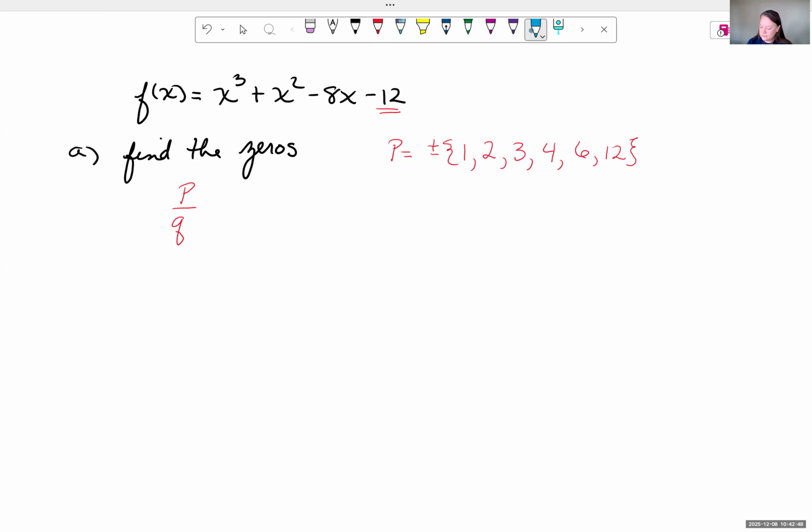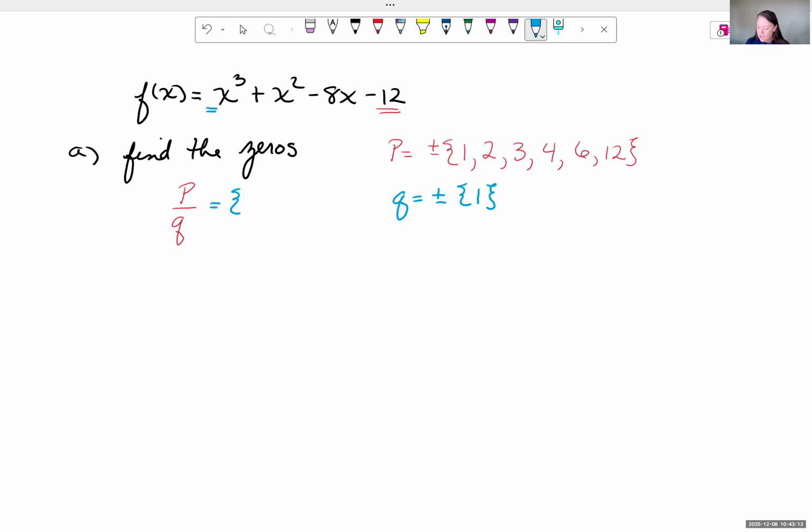Q are always the factors of the leading coefficient. So our leading coefficient in this case, there's none, you can't see it, it's 1. So only numbers that go in there evenly are plus or minus 1. So if I look at every number in P and divide it by 1, I'm going to get the same thing as P itself.